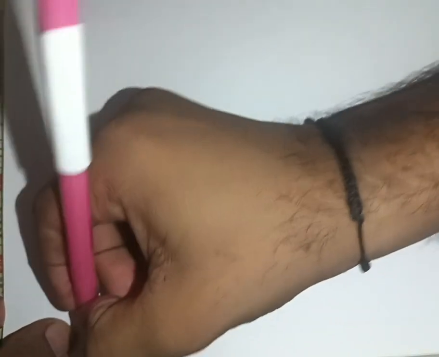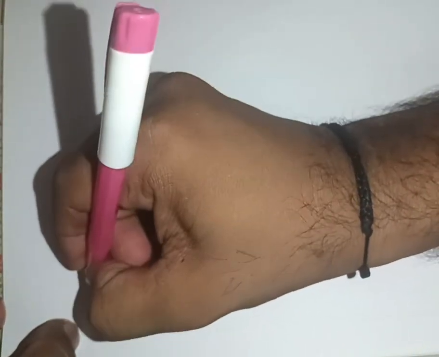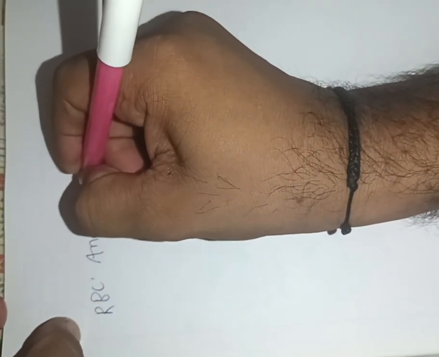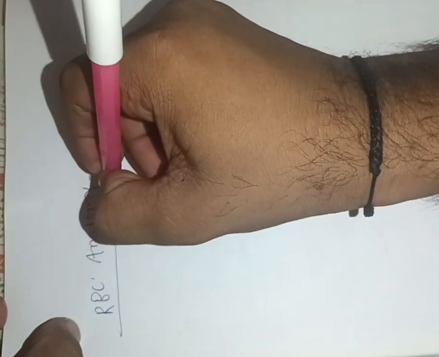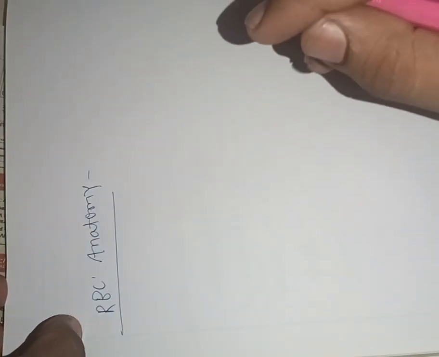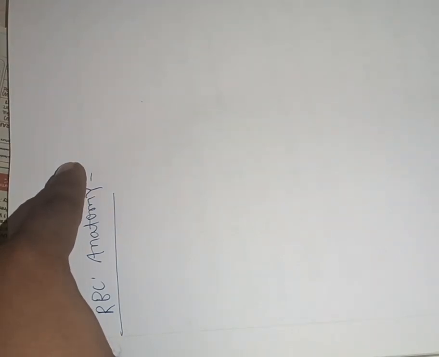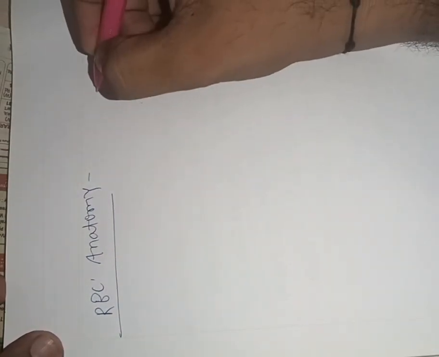Next is how the RBC looks like, that means RBC anatomy. RBC generally, as we know, at the skin you can see the shape of RBC, something biconcave like.